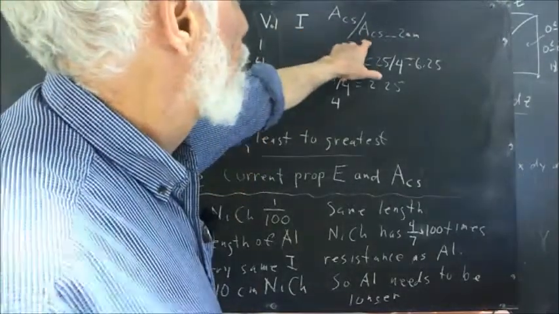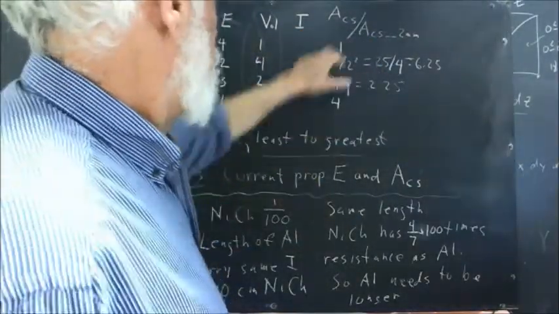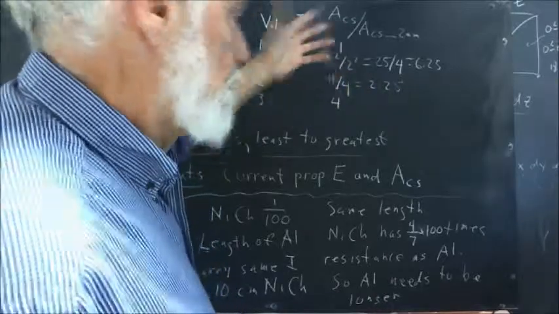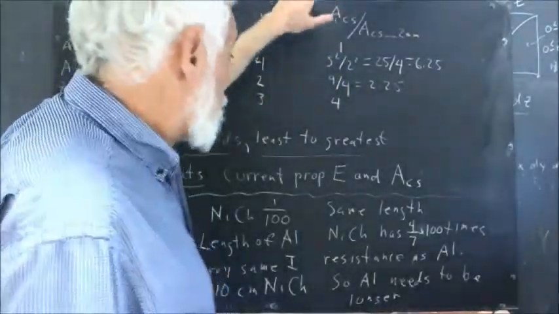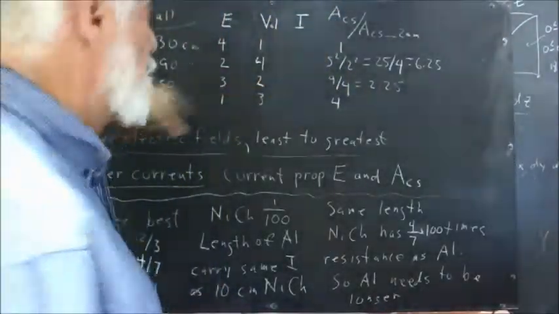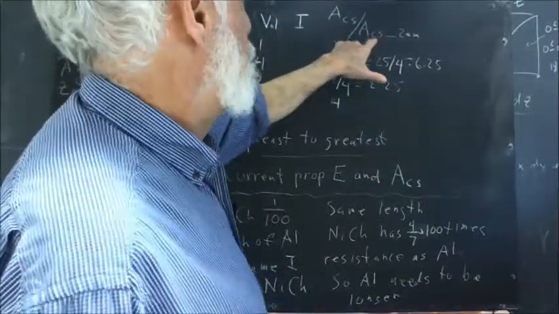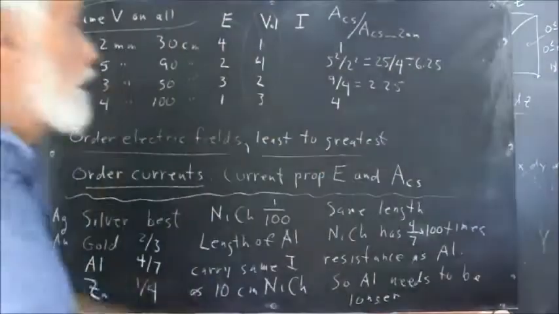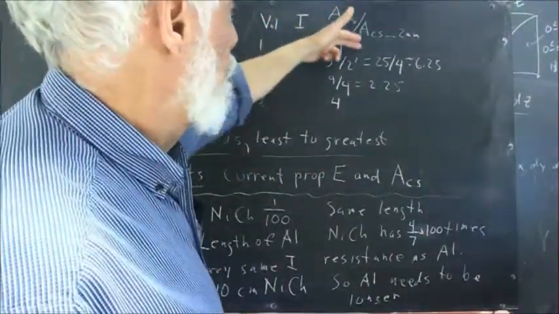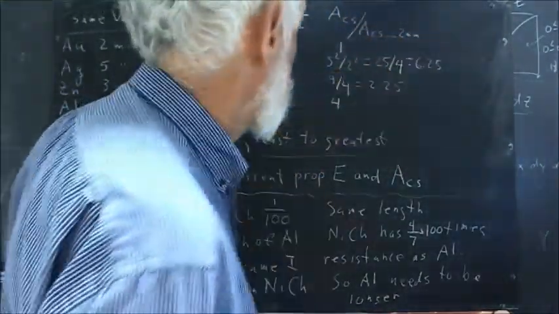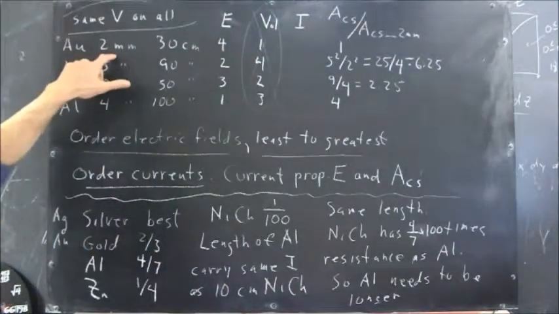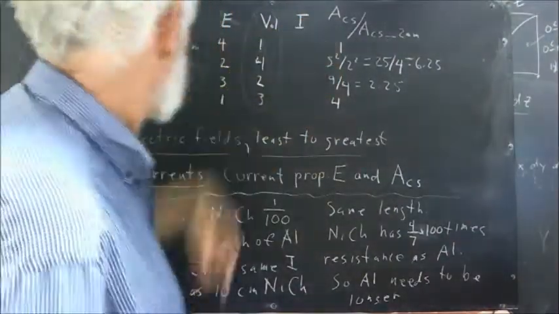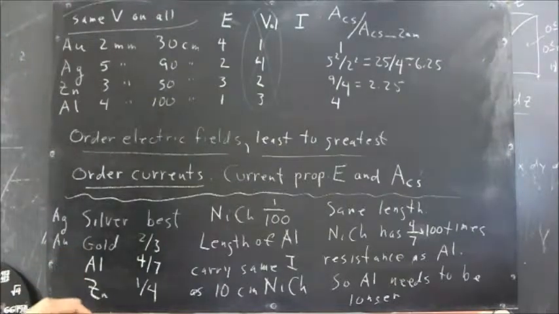If we compare the cross-sectional areas, take the cross-sectional area of each wire as a multiple of the cross-sectional area of the thinnest wire. So we're calculating cross-sectional area of the wire over cross-sectional area of the thinnest wire. For the thinnest wire, of course, the ratio is going to be 1. And that should be completely obvious.